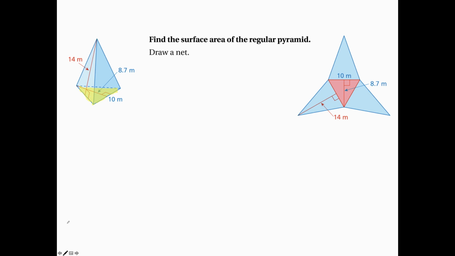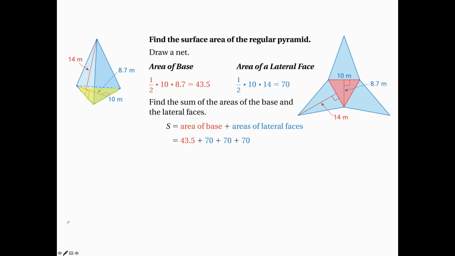And you can see that now I have my base as a triangle, so I have to find the area of the base using the formula for the area of a triangle. I find the area of one of the lateral faces, which in a triangular pyramid, there are 3 lateral faces. So I find the area of one of them, and the area is 70, and I could multiply that by 3 and have the area of the lateral faces as 210.